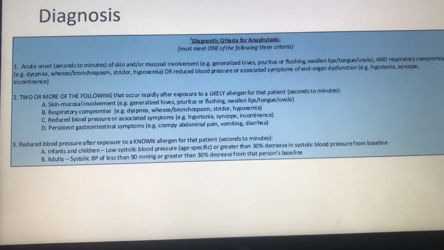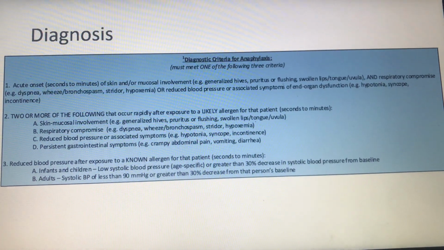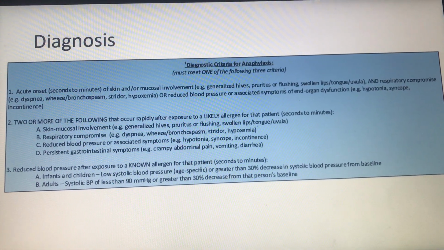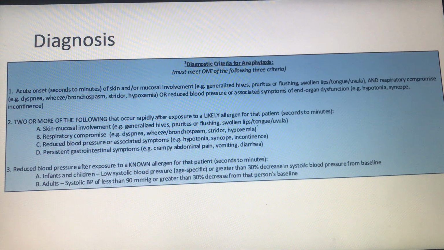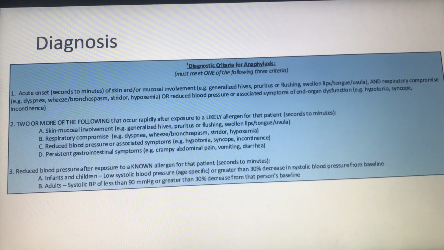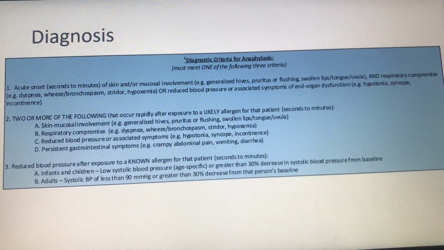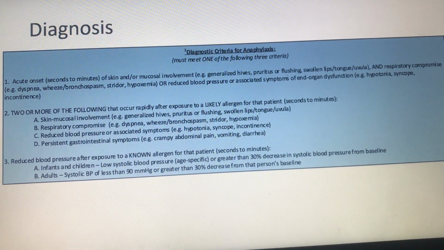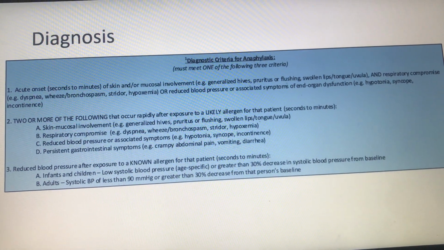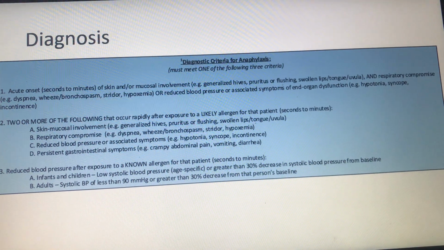So the diagnosis of anaphylaxis, as I said, has criteria. There must be acute onset of symptoms, with skin and mucosal involvement like hives, flushing, swollen tongue or uvula, respiratory compromise like dyspnea, wheeze, and sometimes stridor, and even low blood pressure and signs of end organ failure.